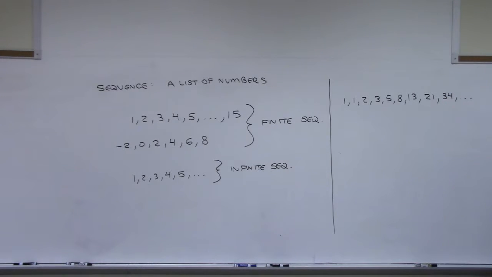Has anyone ever seen that sequence of numbers before? 1 plus 1 is 2, 1 plus 2 is 3, 2 plus 3 is 5, 3 plus 5 is 8, and so on. Okay, so the next number here should be what? It should be these two added? So it looks like, yes, you found the pattern.